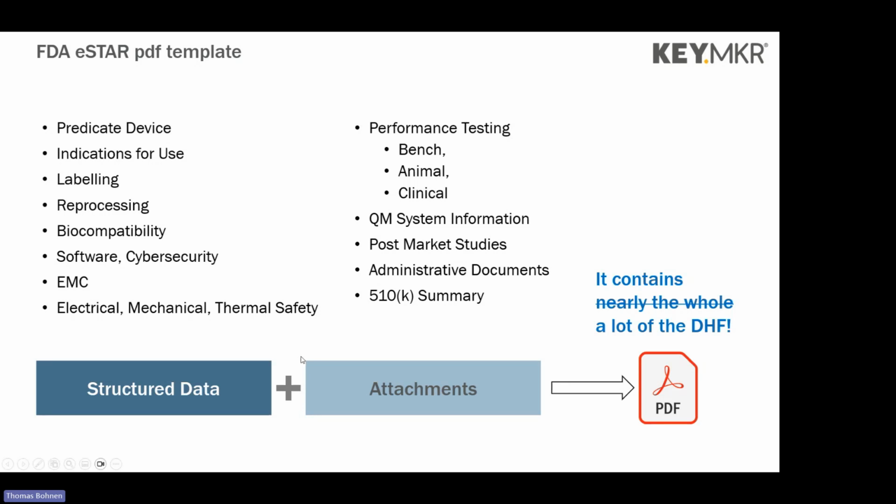What you end up with is that everything that you would normally input in a normal 510K, that you would normally deliver as a set of PDFs, is now contained in this one PDF template. So it's not the whole file. You feel like you've input the whole file, but it's not the complete file. But it's quite a lot of the DHF that you uploaded into this file.